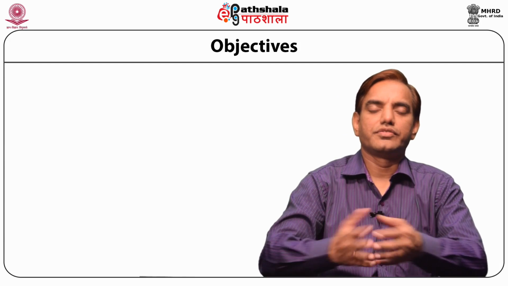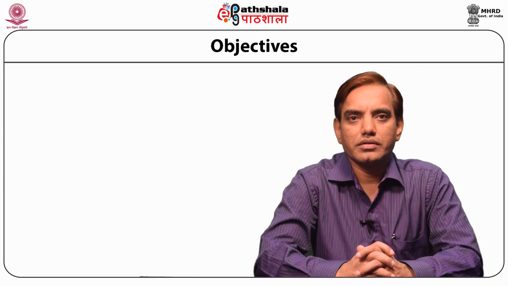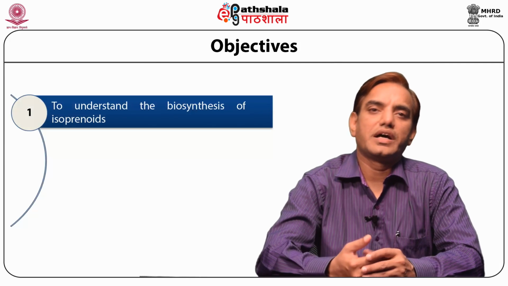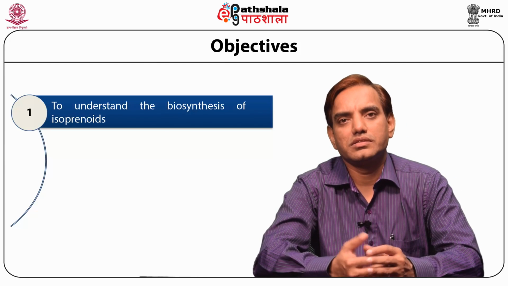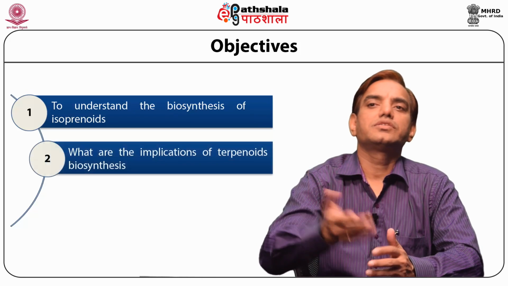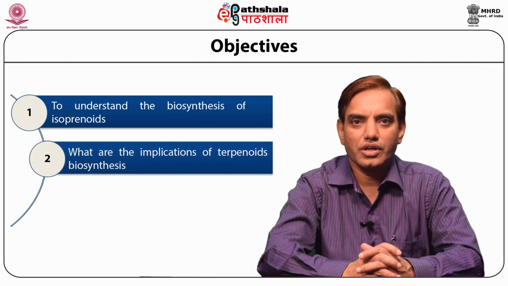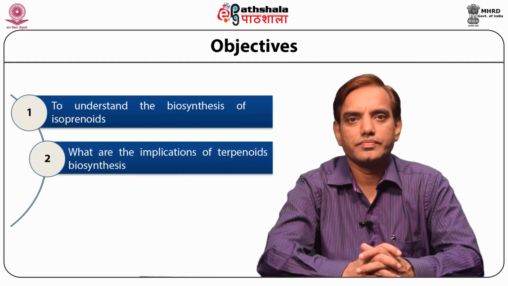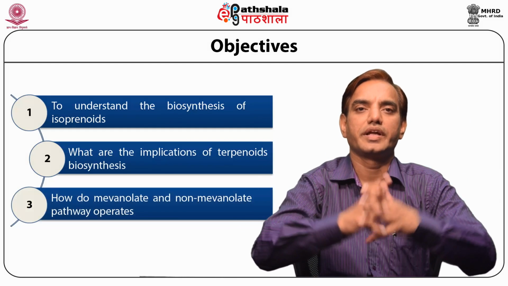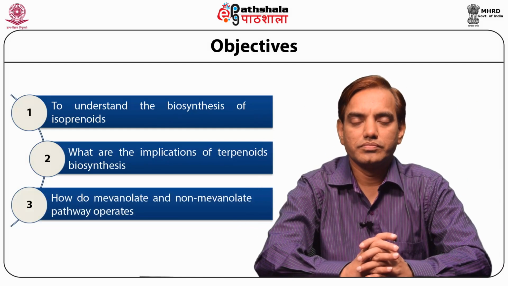The objective of the paper includes the understanding of the biosynthesis of isoprenoids and the significance or the implications of terpenoids biosynthesis. How do mevalonate and non-mevalonate pathway operate in a system?